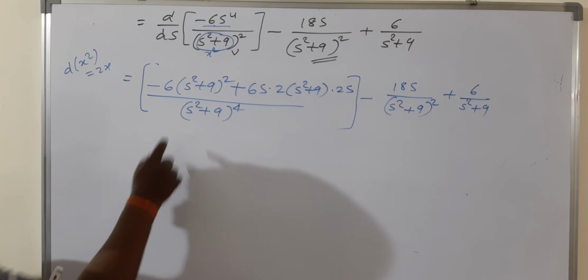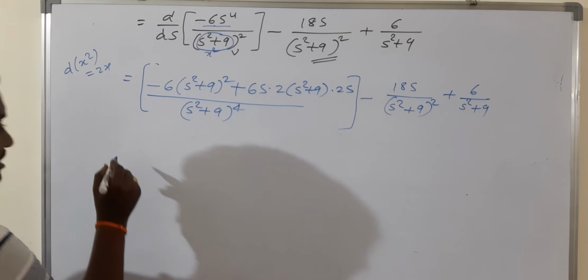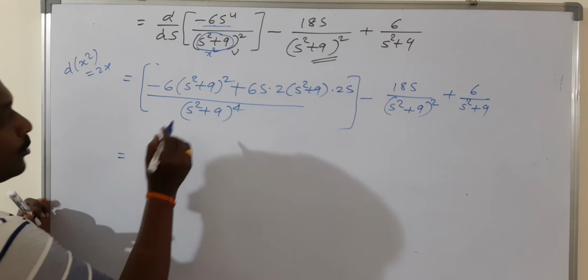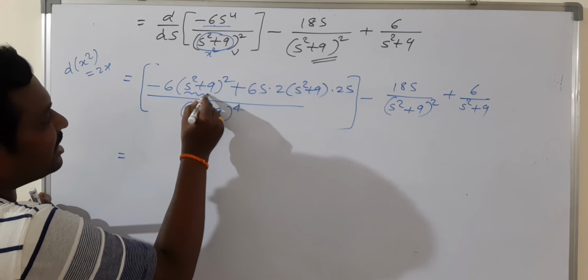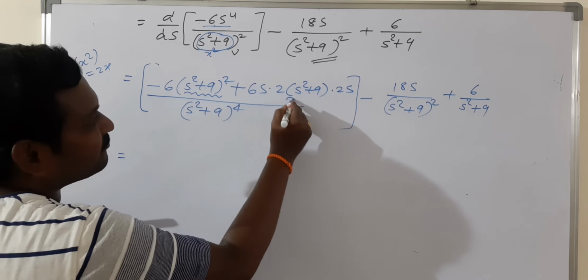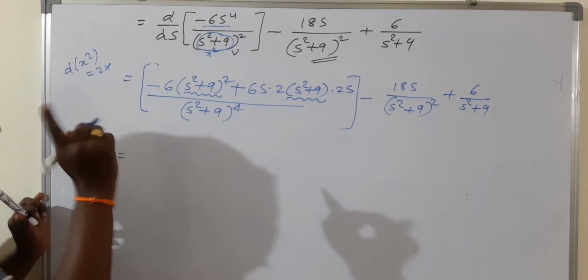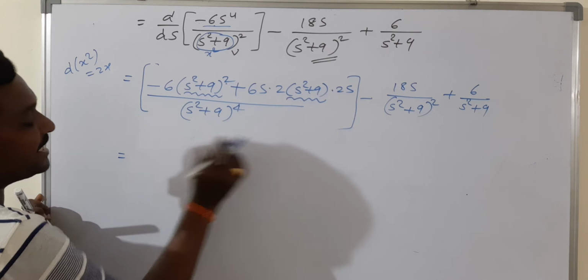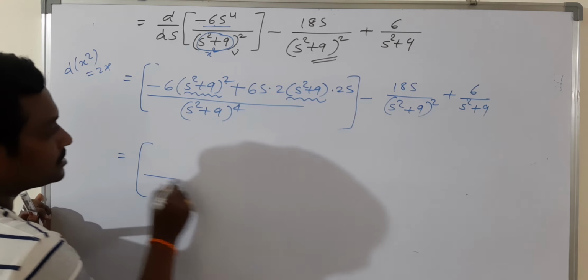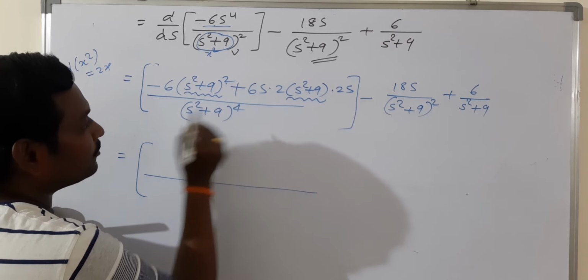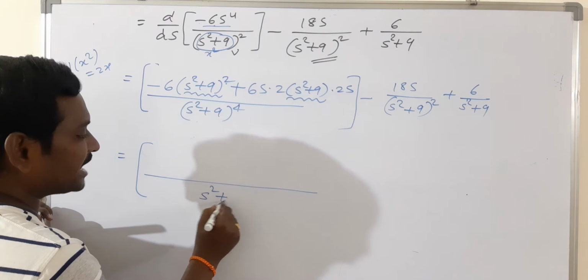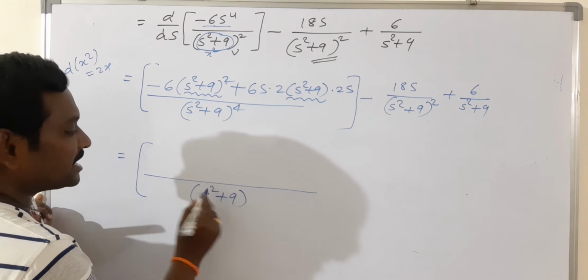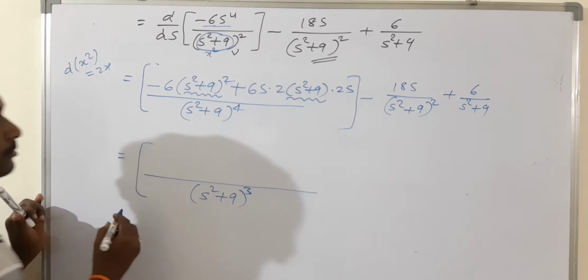Now simplify the first part. We are observing that in the numerator we have (s square plus 9) whole square and 1 s square plus 9. Take one term as common. So 1 s square plus 9 gets cancelled in the denominator. Already in the denominator we have whole power 4, so one term gets cancelled from the numerator, giving (s square plus 9) whole cube.